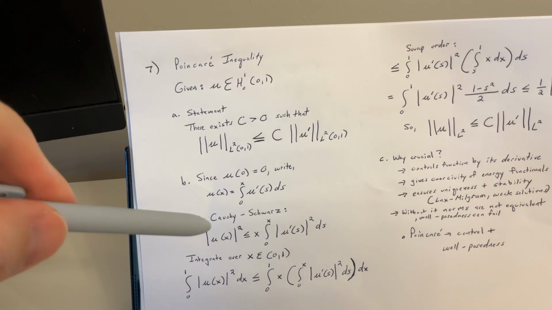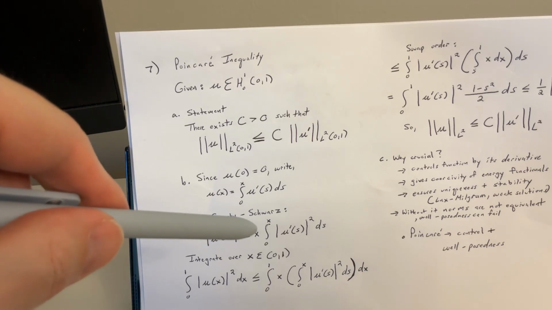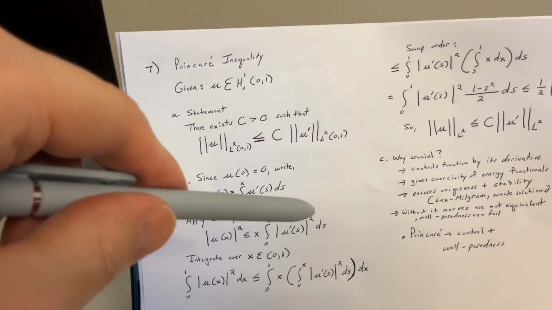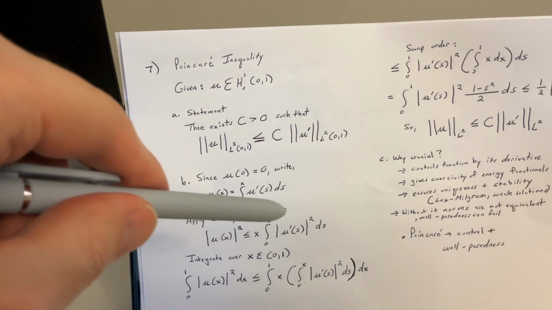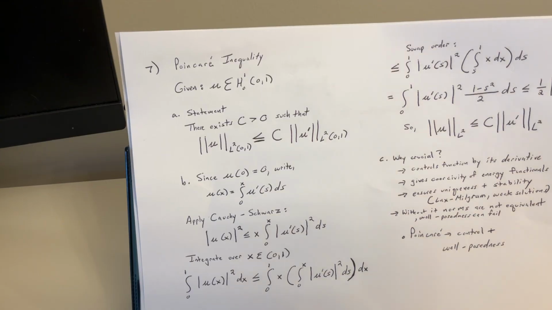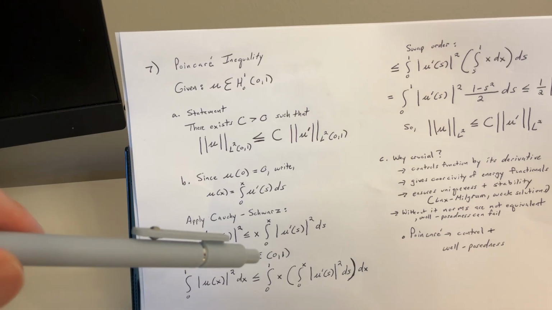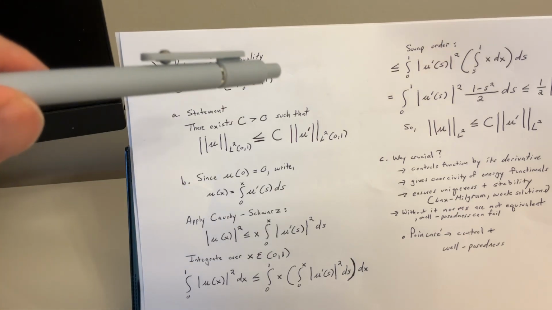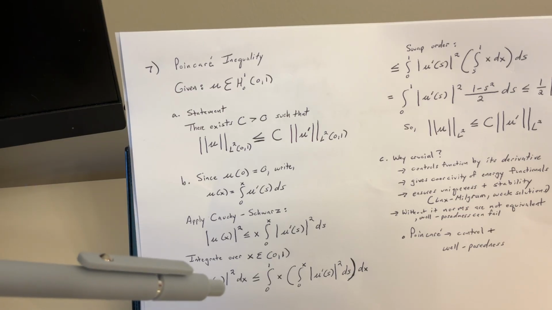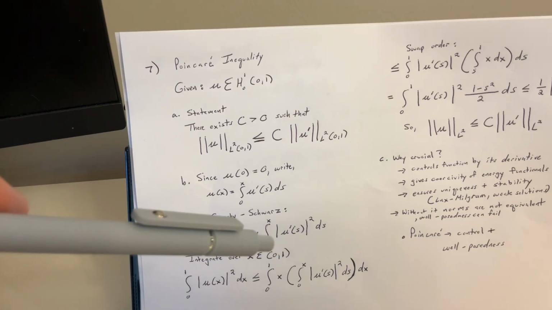Then we're going to integrate on the left-hand side from 0 to 1. Think about what we're given up here: 0 to 1, and 0 to 1 on the right.